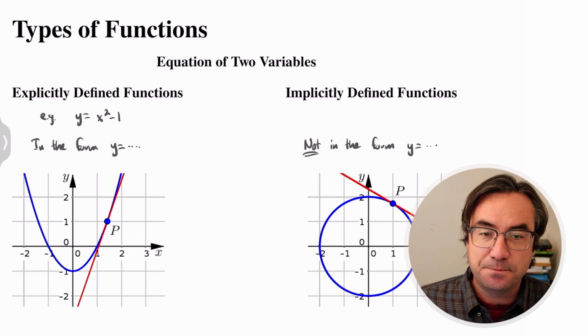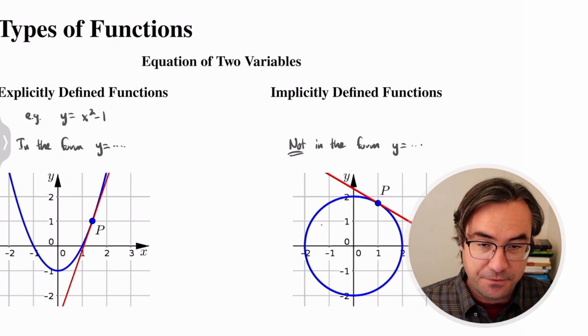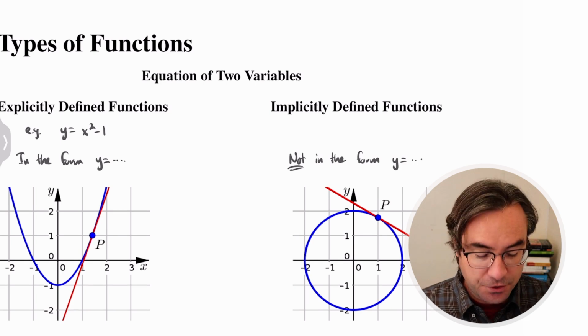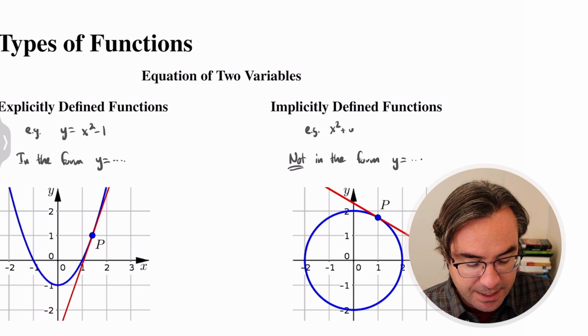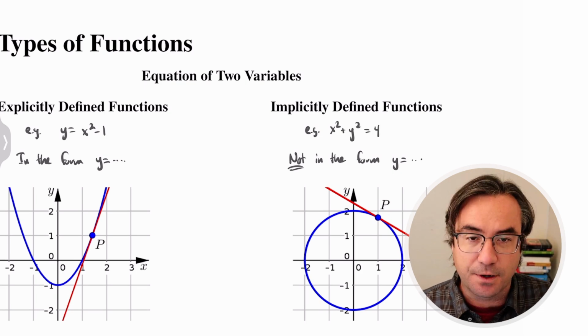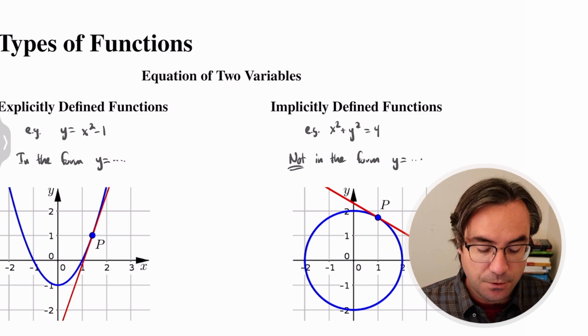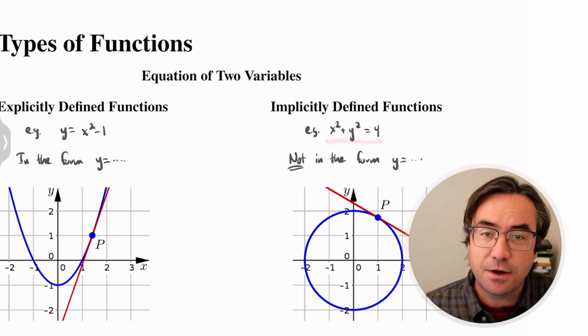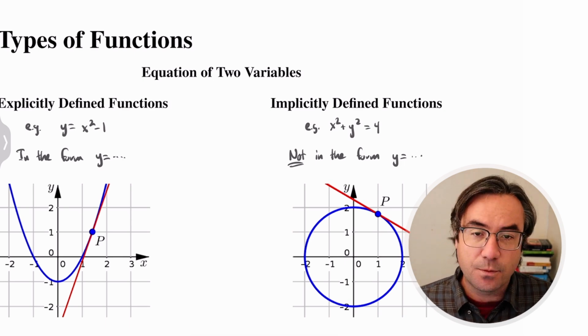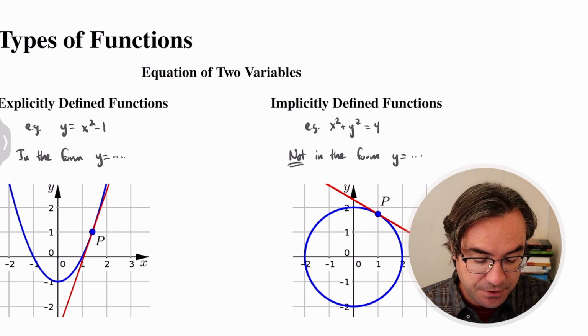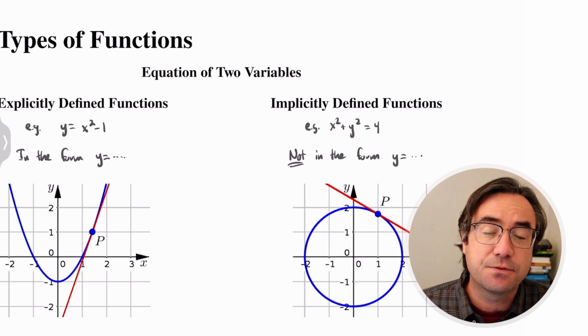As an example, the graph of this circle here is given by the equation x squared plus y squared equal to 4. This equation involves two variables, and it's not in the form y equals. We haven't solved this equation for y.